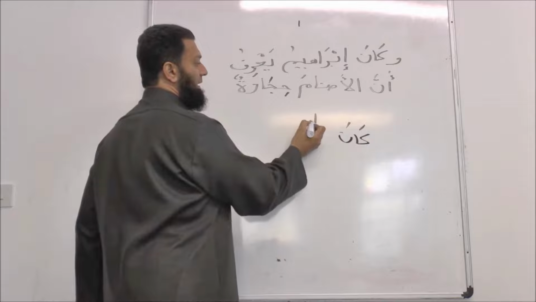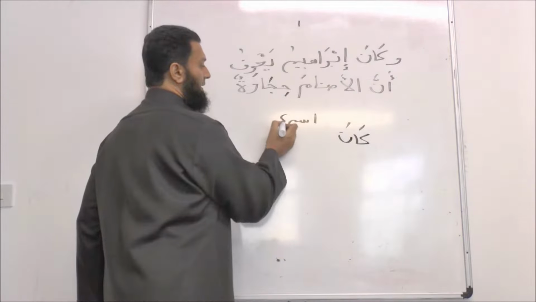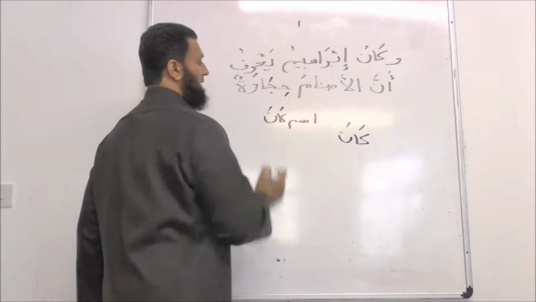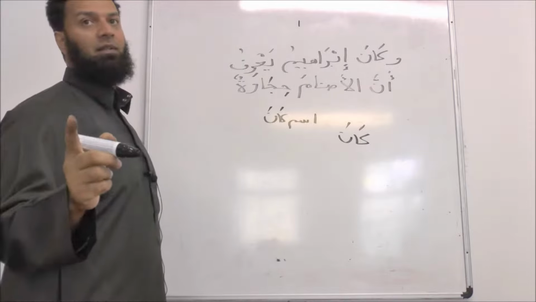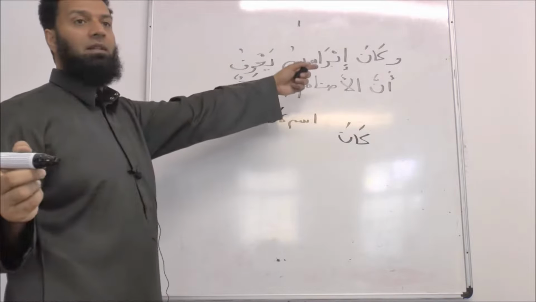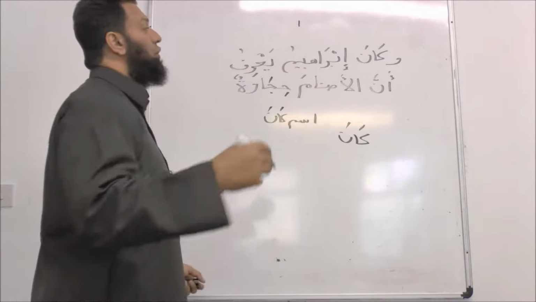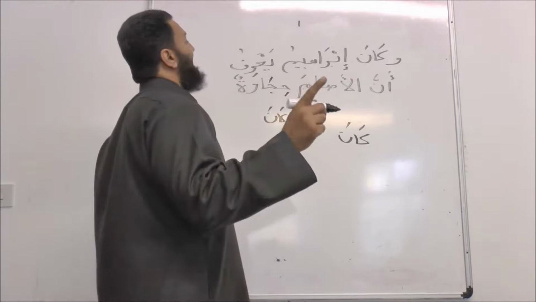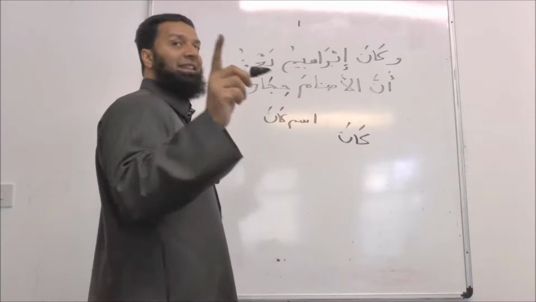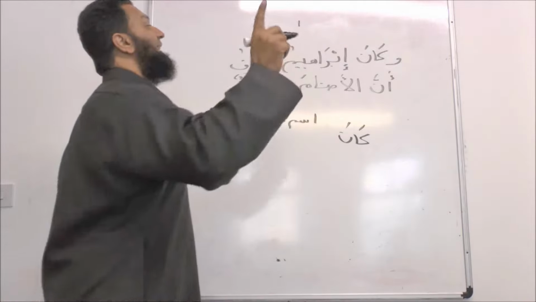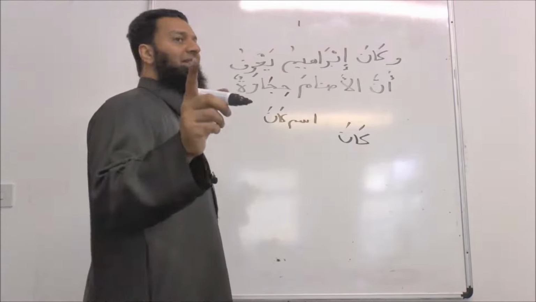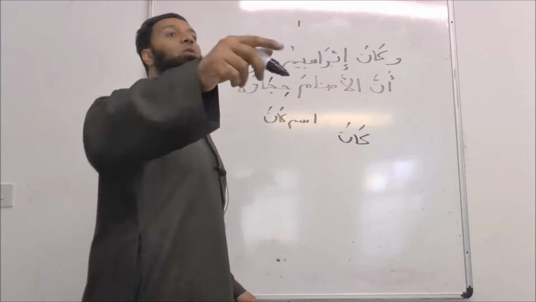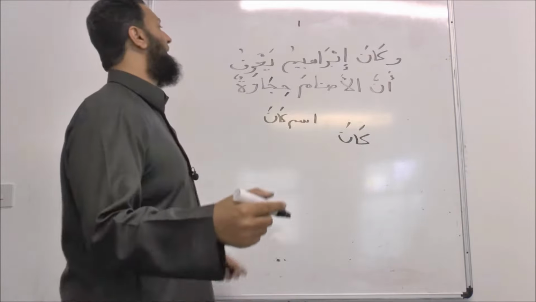So what is our ismu kana? Ibrahim, that one's easy, right? Because usually, and this is where I misread it last week, kana Azaru, which I've now corrected. You remember, kana Azaru lahu waladun.